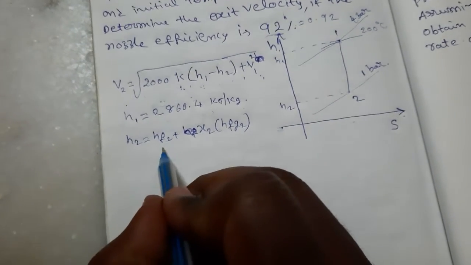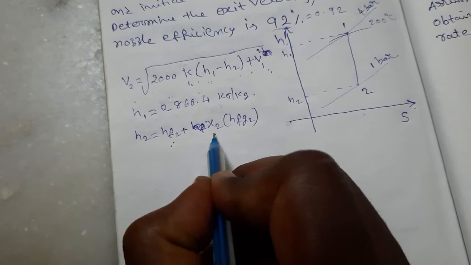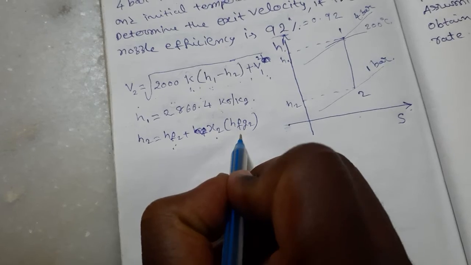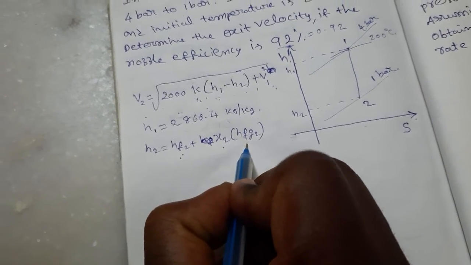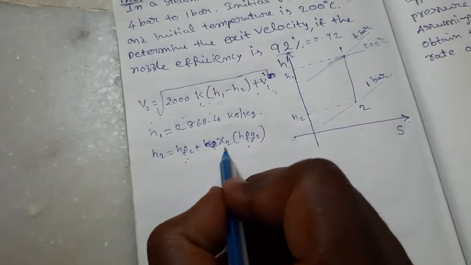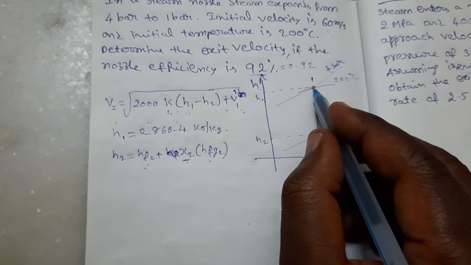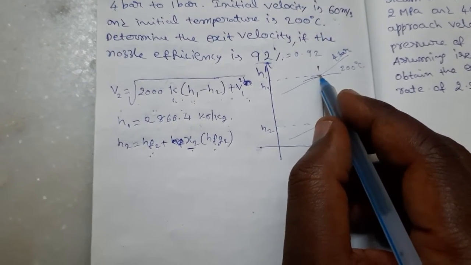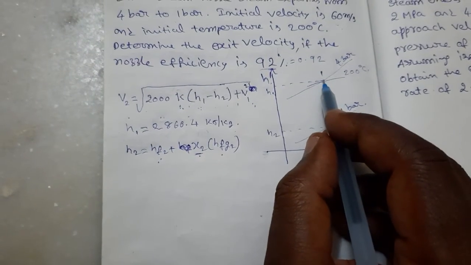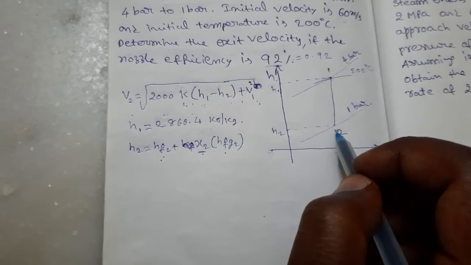Here HF2 is the enthalpy of feed water, X2 the dryness fraction at state 2, and HFG2 the enthalpy of vapor mixture at state 2. So for calculating H2, we require the dryness fraction at 2. The dryness fraction at 1, the X1 value, we assume is 1, and we have to calculate X2.